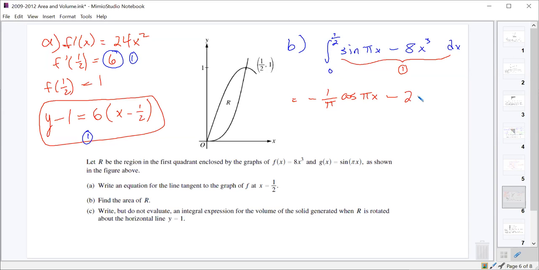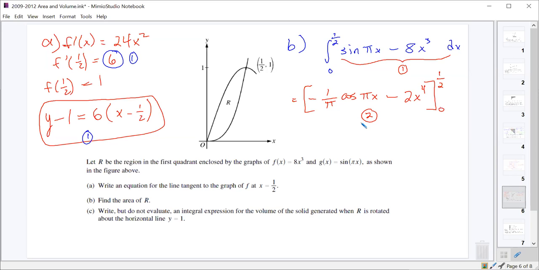Should be 2x to the fourth. I couldn't understand what she said, but it should be minus 2x to the fourth. And we'll evaluate that from 0 to 1/2. So having the right integral there is worth 2 points. So that's 3 total so far for part B. And then your final answer is worth another point.